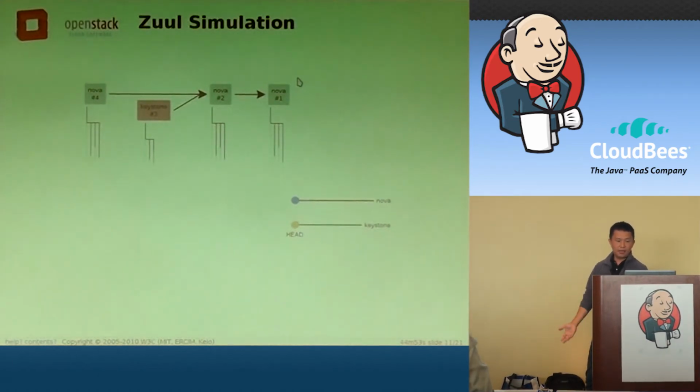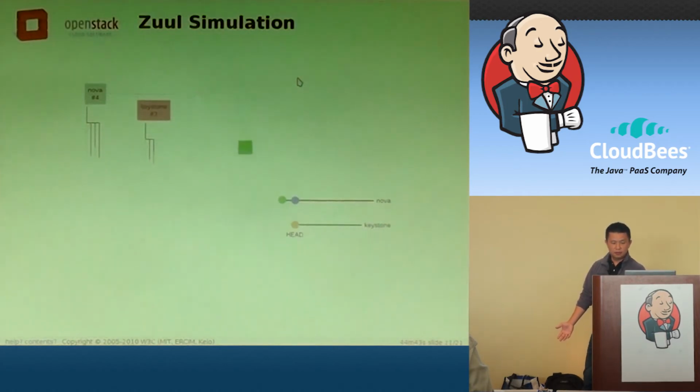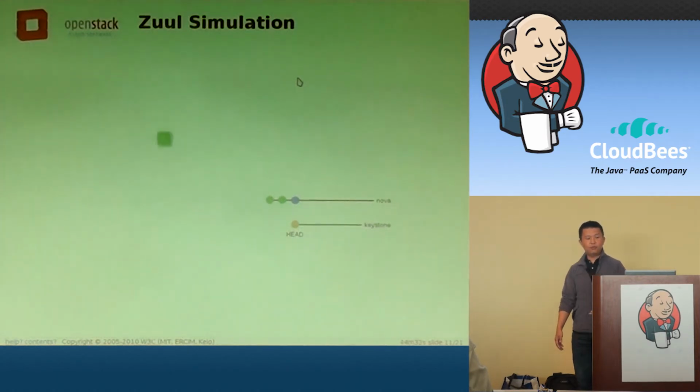And if that passes, then we can merge 1, 2. We can discard 3. We know 3 failed. And 4 passed, so now we can merge 4.